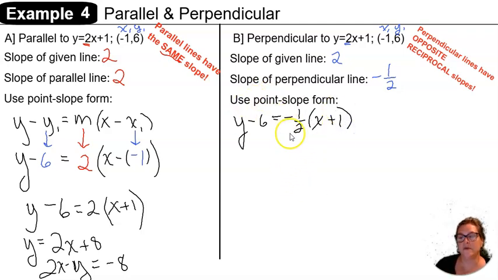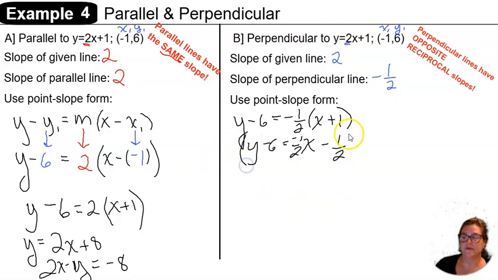Okay, now we're going to distribute to put this into slope-intercept form. So we have y minus 6 is equal to negative 1/2 x, and then a negative times a positive is a negative 1/2.